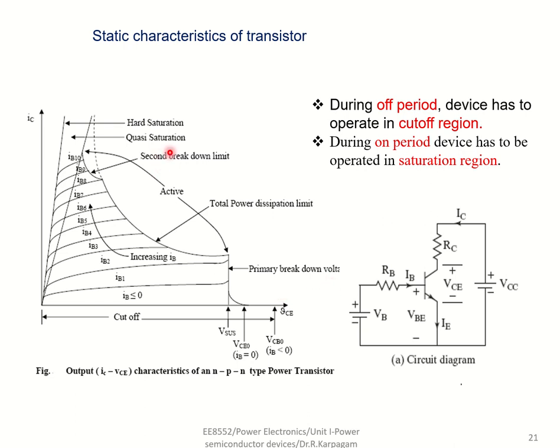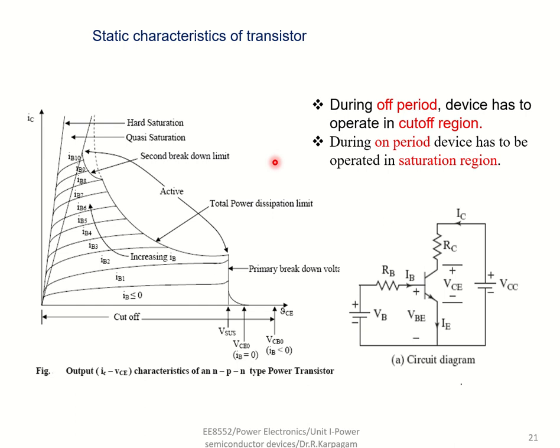But during the on period of the transistor, there is an increase in collector current and a decrease in collector to emitter voltage. If the increase in collector current happens uniformly over the entire region of the semiconductor, then the operation of the transistor will be normal.